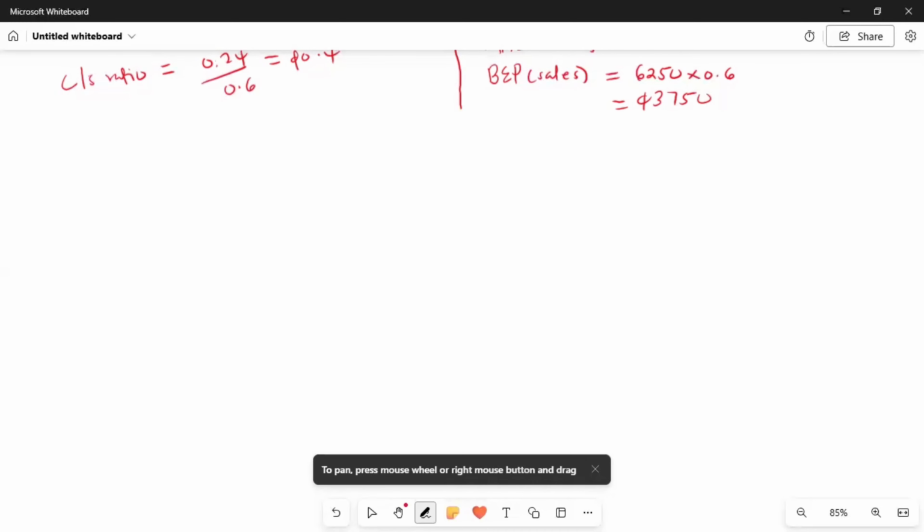That is the formula. Always remember to put your formula nicely. So here, margin of safety is budgeted or actual units minus the break-even.